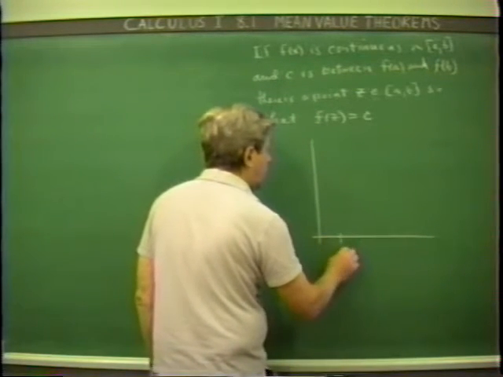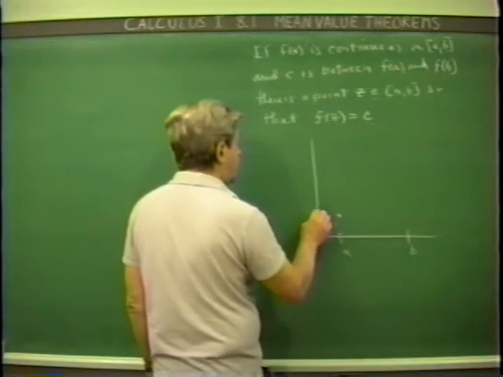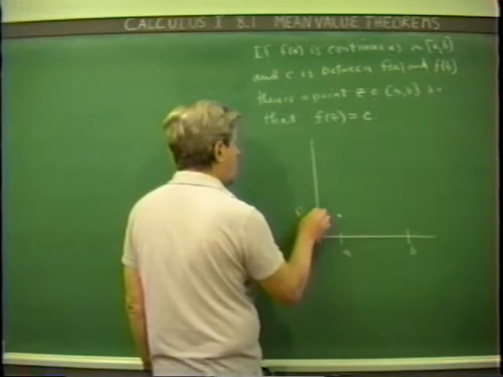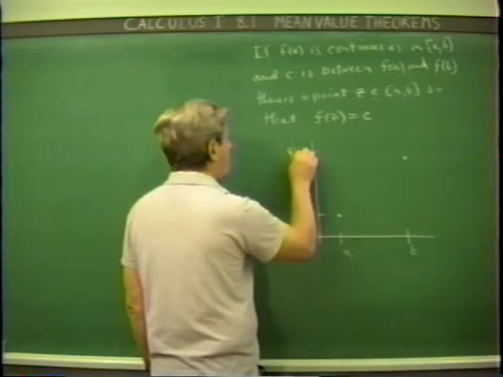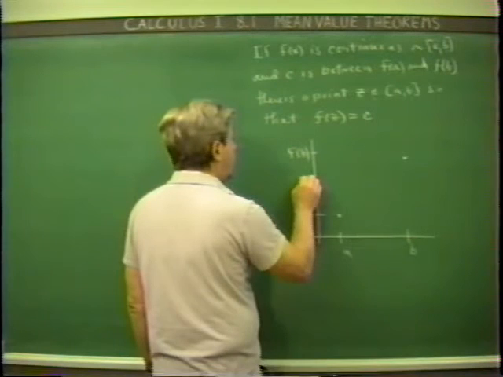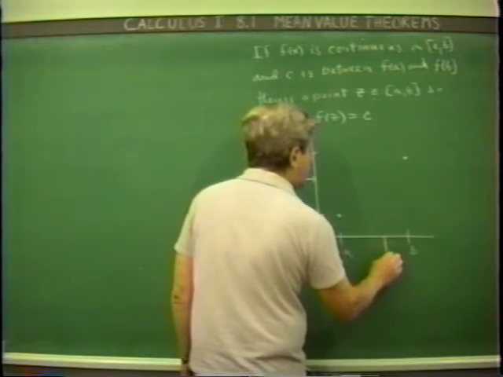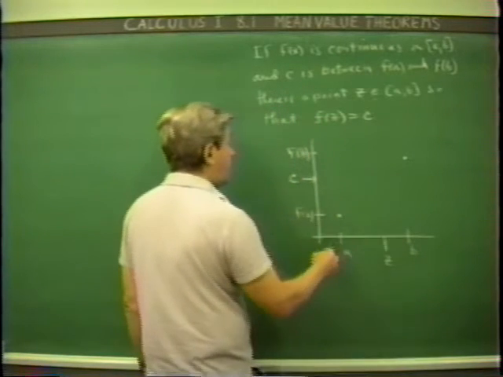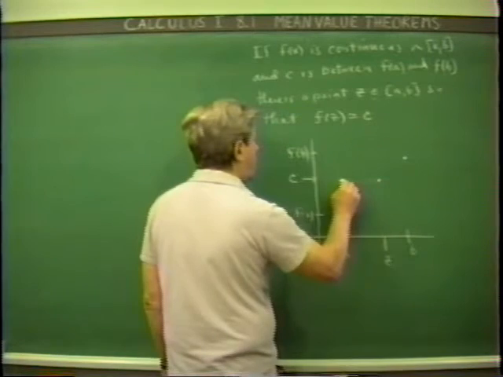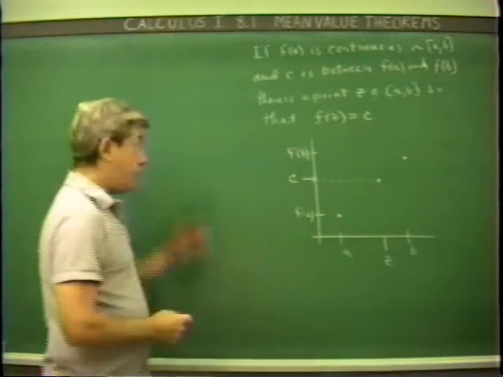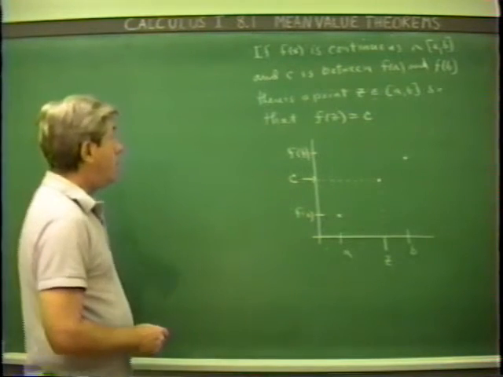This is the interval [a, b], and let's say, for purposes of illustration, this is f of a, and this up here is f of b, and C is any number here between the two. Then there has to be some number z between a and b so that the value of f at z is exactly equal to C.